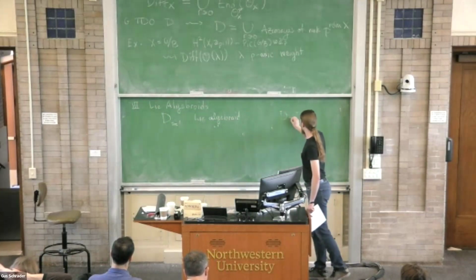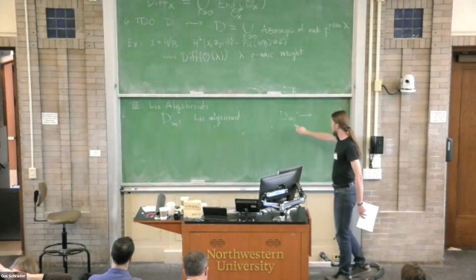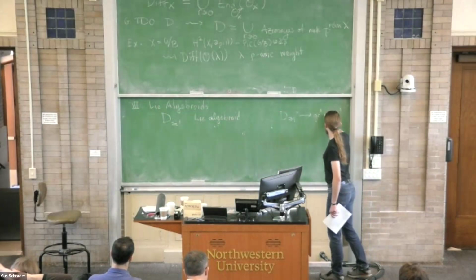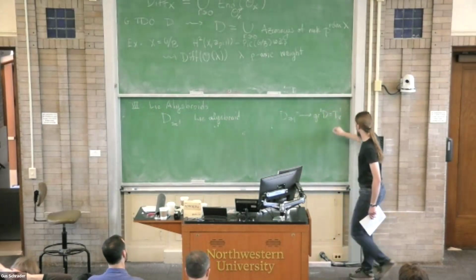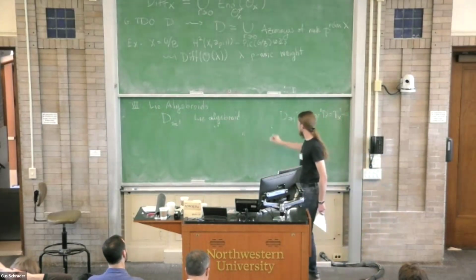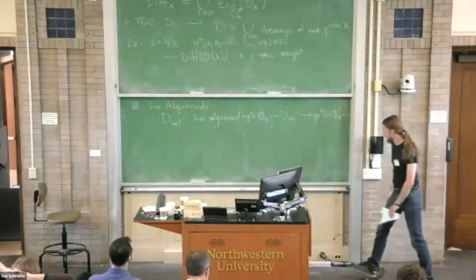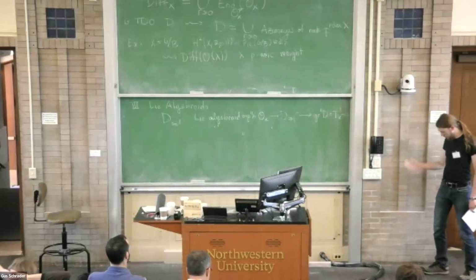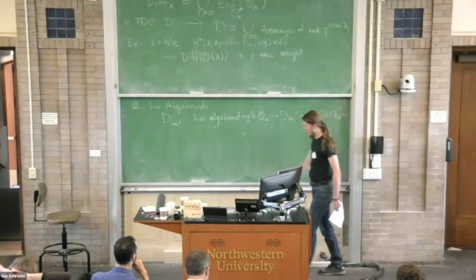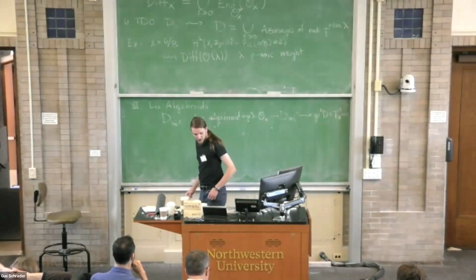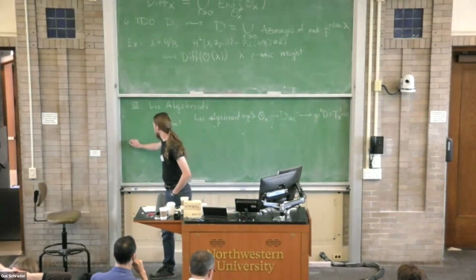The anchor map goes to the associated graded, which is the tangent sheaf, and the kernel is the zeroth associated graded, which is functions. So there's this natural short exact sequence, and it turns out D_{≤1} has the structure of a Lie algebroid. But in characteristic p, you can say even more.